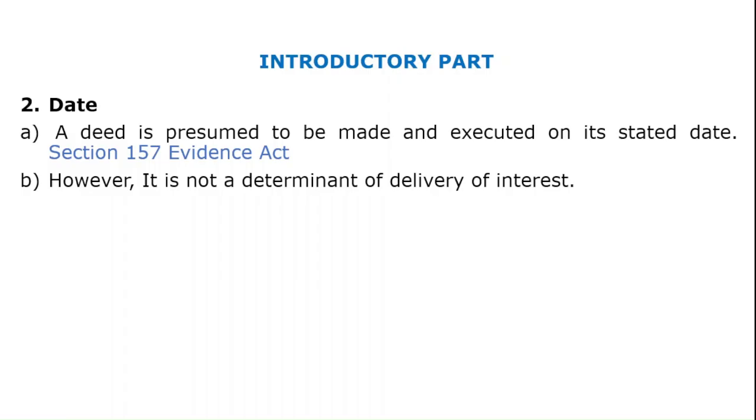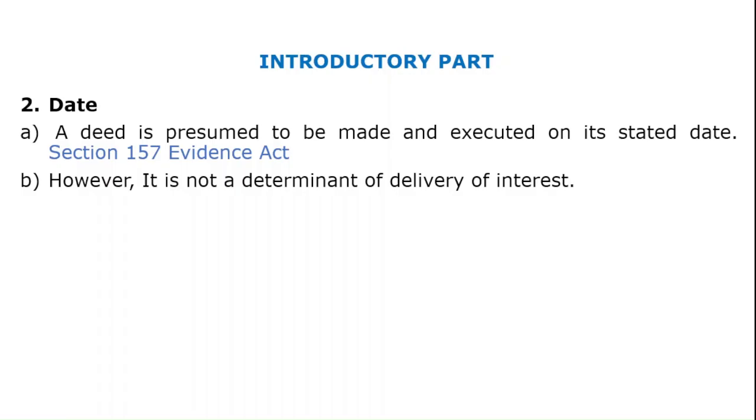The date clause does not determine when the legal interest passed from the assignor to the assignee. So that takes us into discussion of what is delivery of interest, which we have already discussed in the main tutorial video, knowing that delivery of interest can either be actual or what? Delivery might be conditional, which is delivery in escrow.